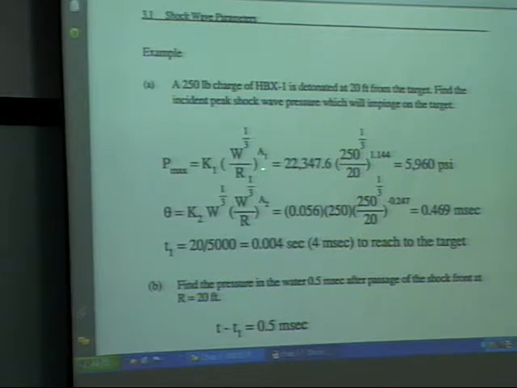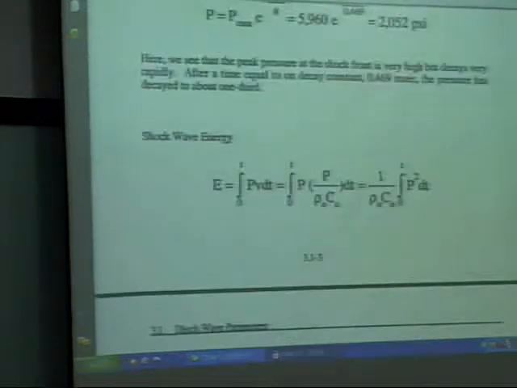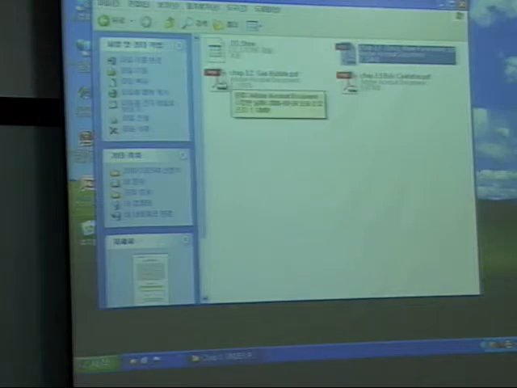Same equation. This is for HBX1, K1, A1. If you look at the K1, A1, where to look at it? A few pages down here. Oh, it's not here? Wow. It's not here.